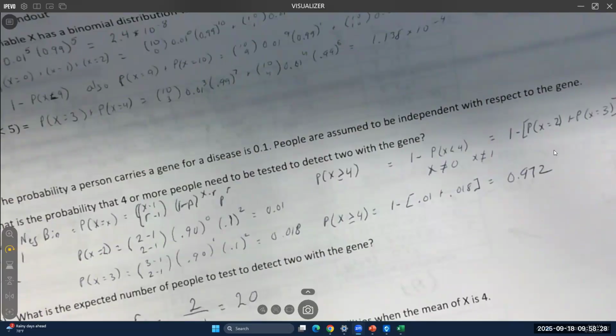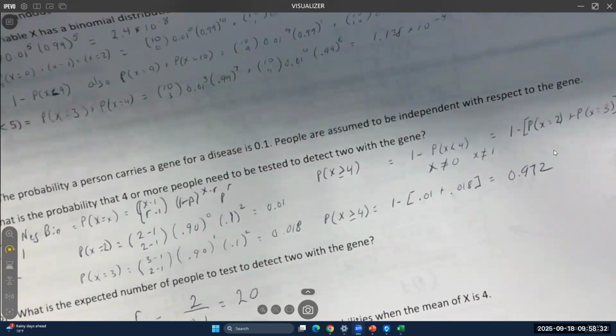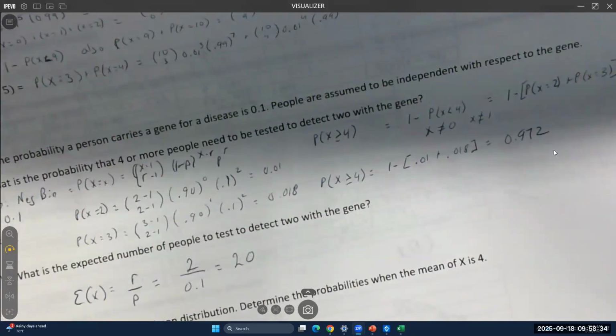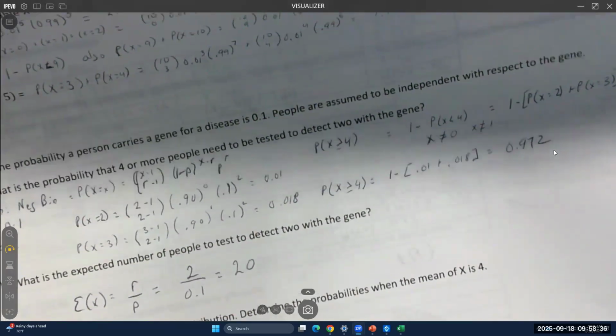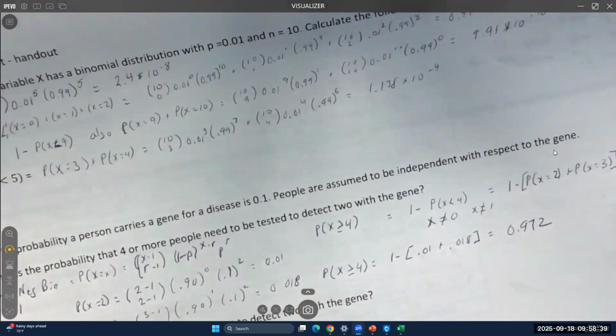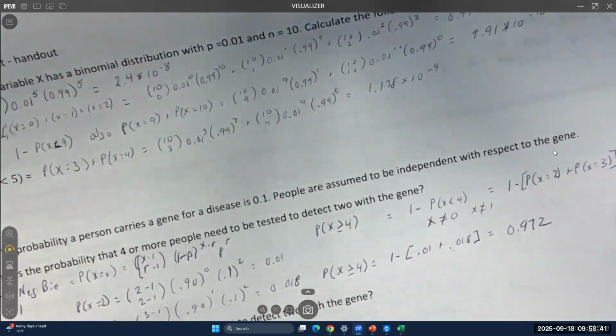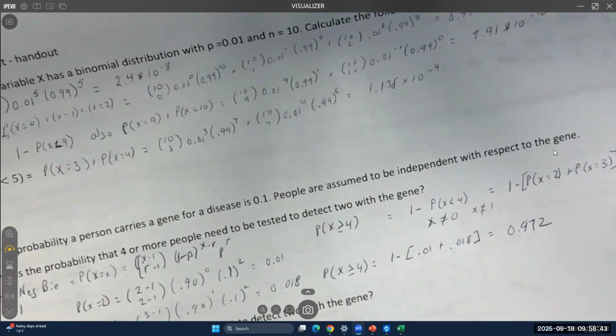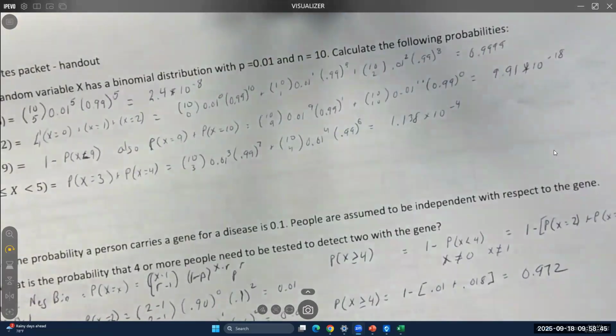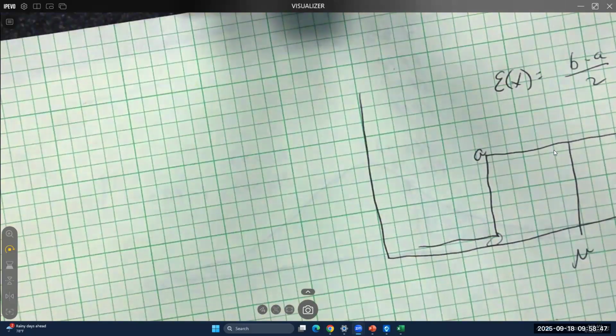Which makes sense. It should be a big number. This is actually a little smaller than we expect, right? Because if we see that the expected number of people is 20, then the probability that just 4 or 5 or 6 people is pretty small. All right, so that's how those questions work.